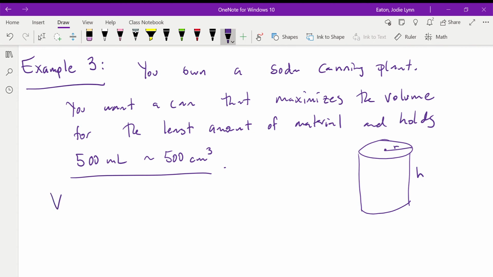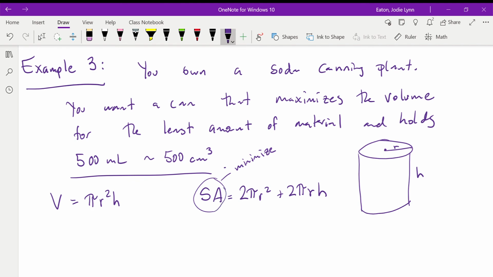So the volume of a cylindrical can would be pi r squared h, and the surface area is 2 pi r squared plus 2 pi r h. So this right here is the quantity we want to minimize, the surface area. But we know it's going to relate to volume in some way. How is it going to relate to volume?